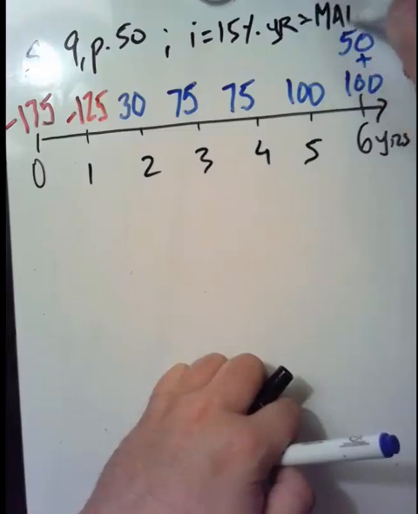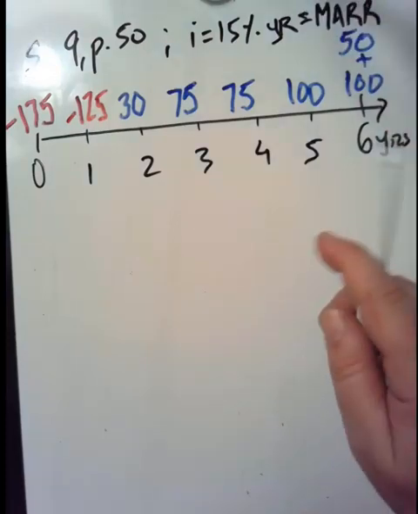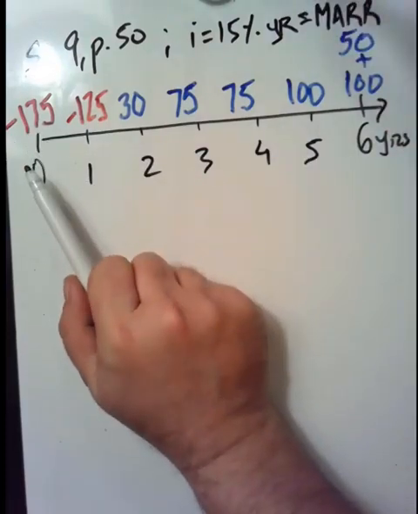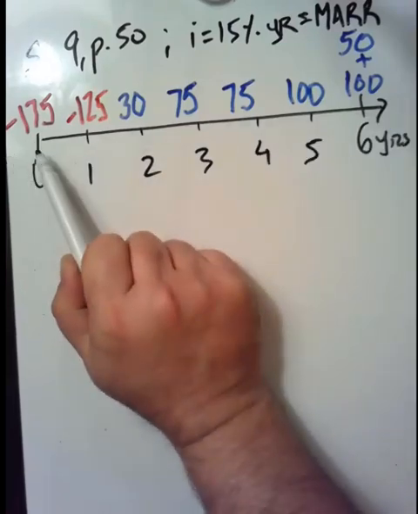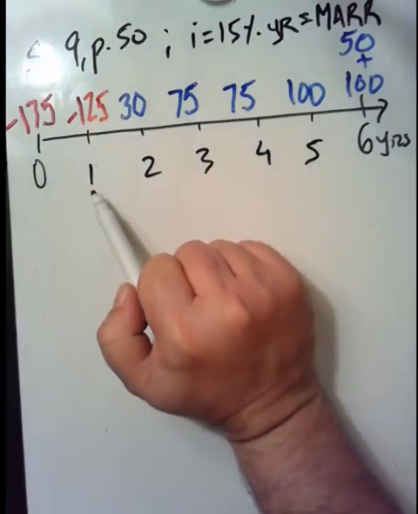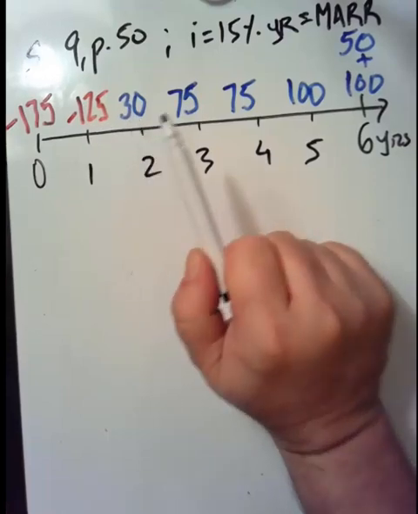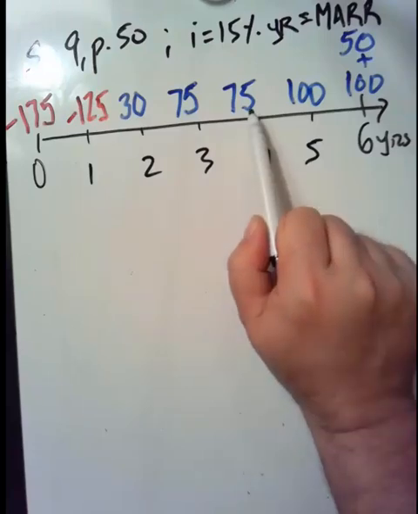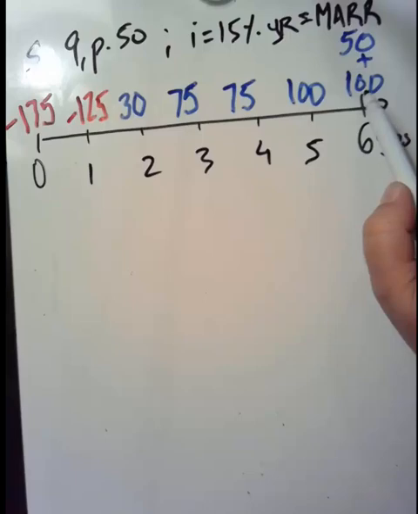The project involves $175,000, this is all in thousands, invested at time 0, $125,000 invested at time 1, and then we start collecting profits. $30,000 at time 2, $75,000 at time 3 and 4, and $100,000 at time 5 and 6. Then on top of this $100,000 we sell this investment and we get $50,000 for it.